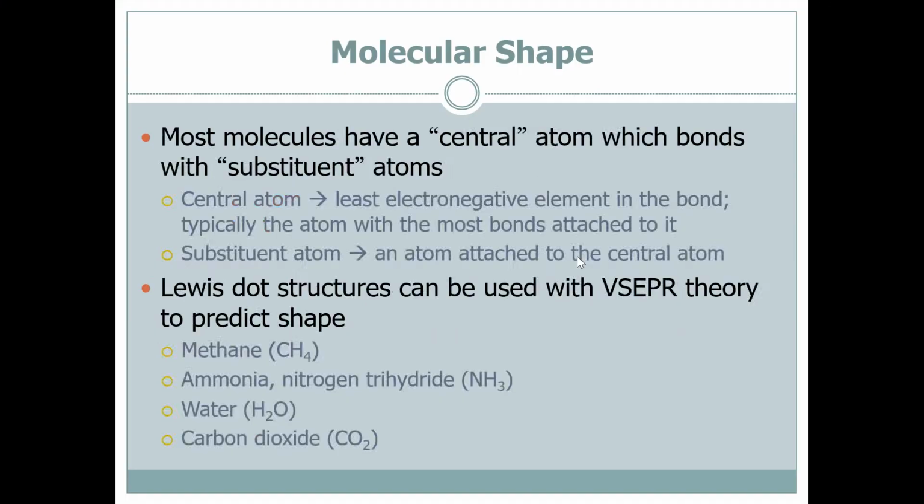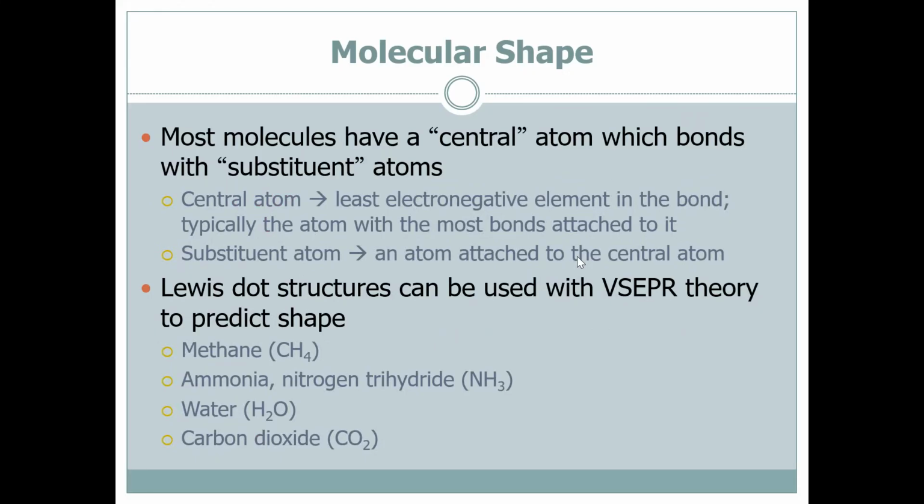So when looking at a molecule and trying to describe what that molecule might look like, first thing we have to do is identify what's going to be the central atom. That would be the atom that is at the center of the molecule's shape. So what normally happens is it is the one that's least electronegative, not always, and it's also going to be the one that has the most bonds attached to it.